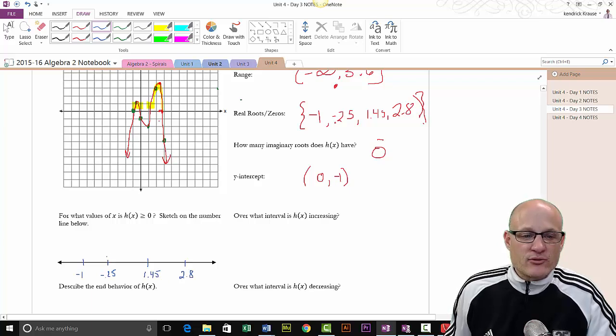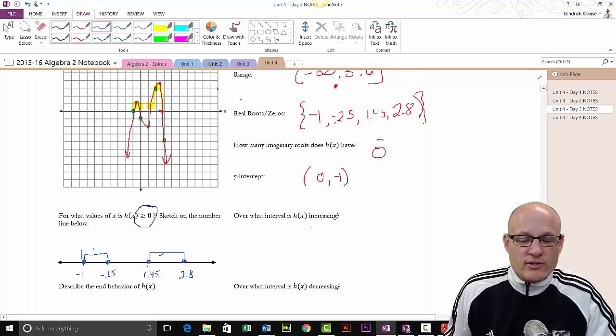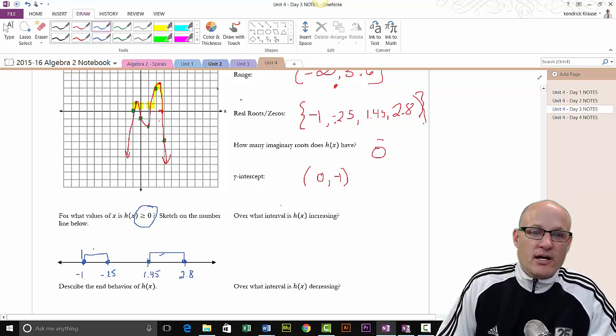We're looking for when it's positive or equal to 0. So it's equal to 0 or positive between these 2 points, or it's equal to 0 or bigger than 0 between these 2 points. Where is it increasing? Okay, so let me try to highlight when it's increasing.